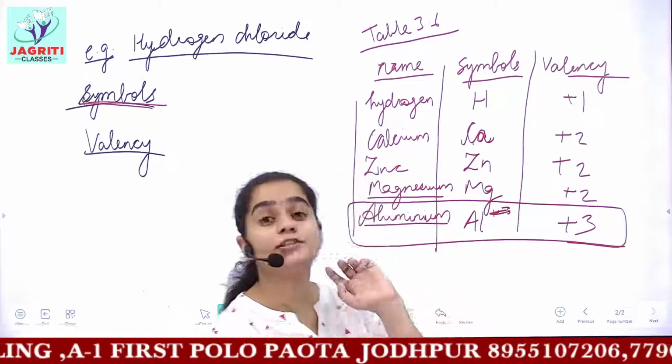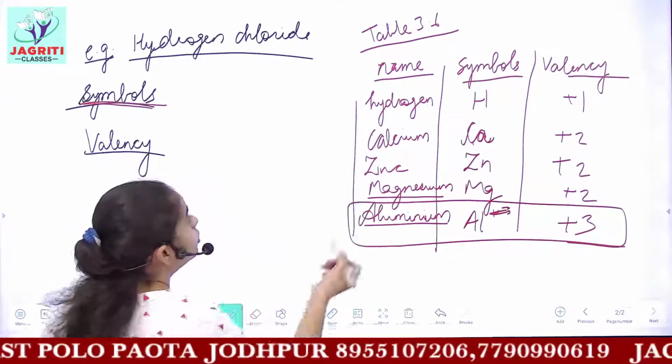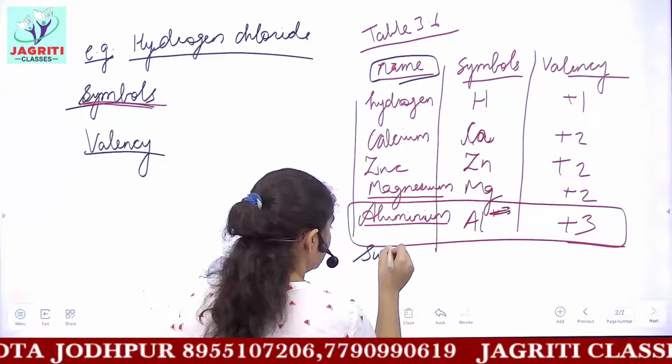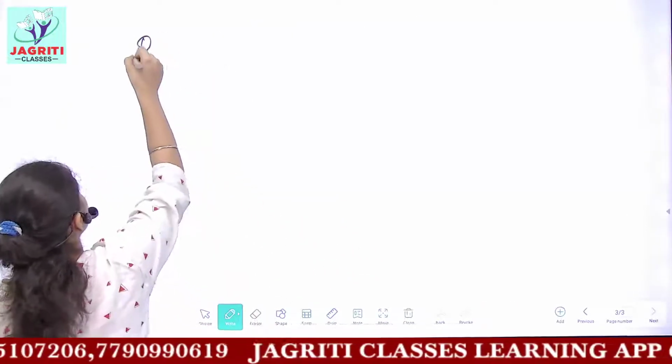Now talking about some anions which are also given in the table. You have an anion like sulfate. There are three common anions which we'll discuss and which are really confusing, where mistakes are generally made.